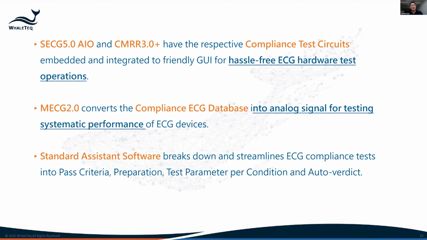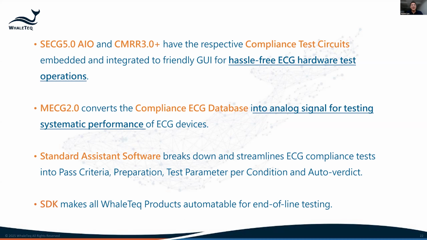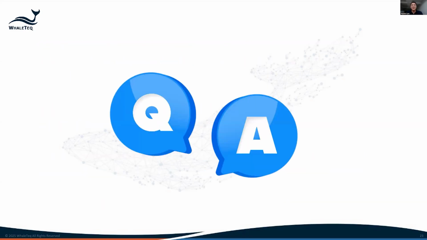Compliance Assistant, our software, streamlines the test flow. Full automation: the SDK lets you automate the entire process for regression testing or manufacturing. If you're tired of manual calculation and messy wiring, I invite you to try our solutions. You can download the SDK right away from our website to see how easy it gets.